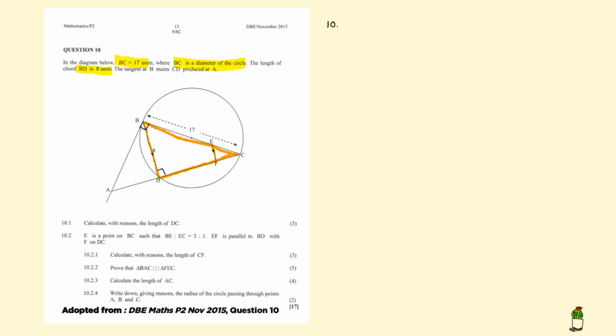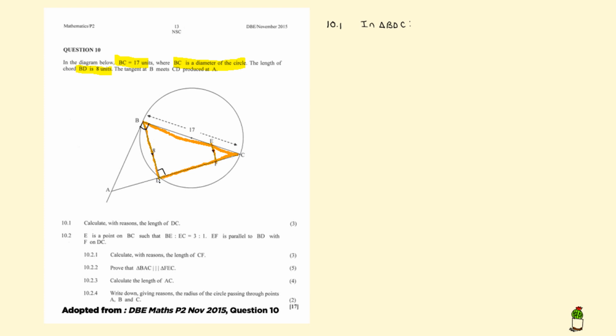Question 10.1 says, calculate with reasons the length of DC. So DC is part of this triangle that I told you about. In triangle BDC, you can see I've already noted the fact that I have a 90-degree angle over there, so we don't have to be fancy about this.